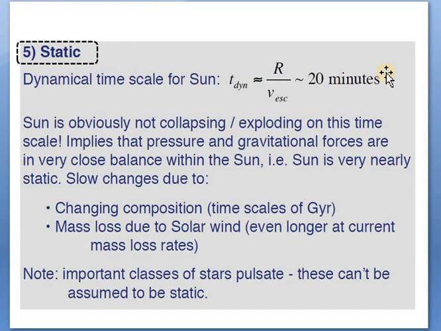And inside the sun, changes are quite slow due to the changing composition, which has time scales of the order of giga-years, and also the mass loss from solar winds, which has even longer lifetimes.